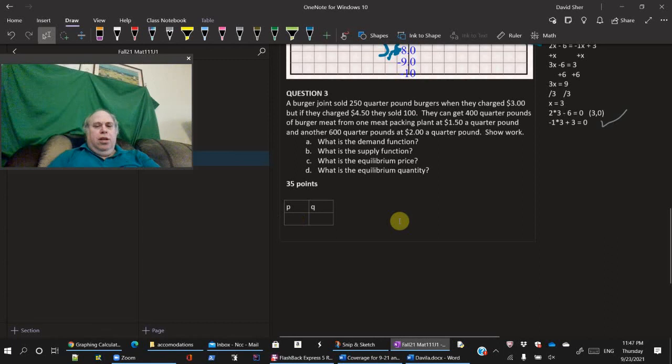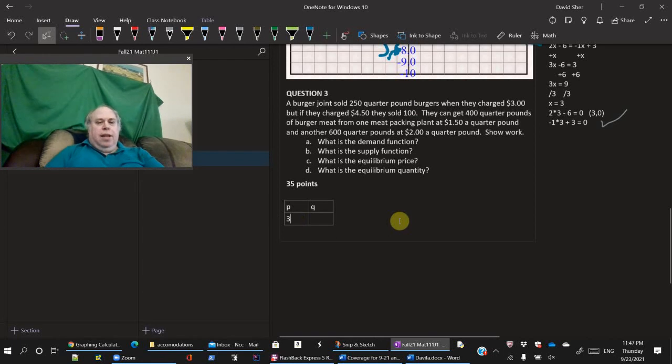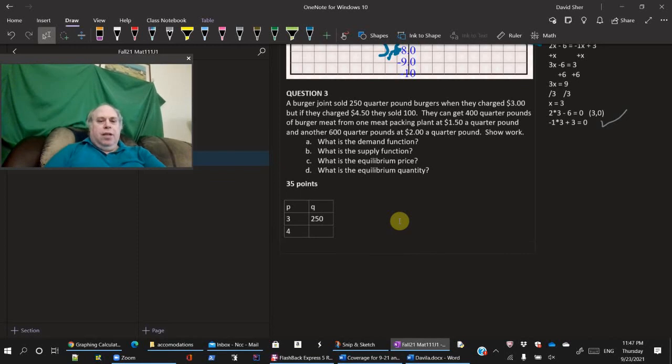So this burger joint charged $3 for the price and sold 250. They then changed the price. They raised it to $4.50 and they sold 100.